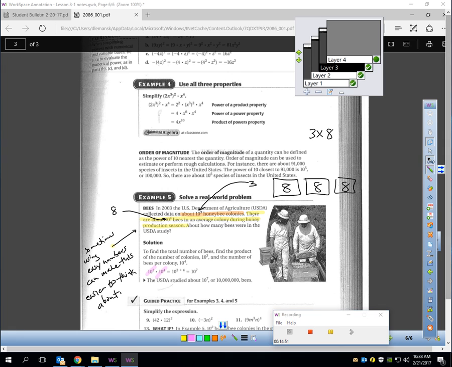The correct answer to this problem would be that the USDA figured out that we had 10 to the 7th honeybees in the study. Now, 10 to the 7th, remember, that would be about 10 million bees. So we are using order of magnitude to estimate how many bees were in the study.